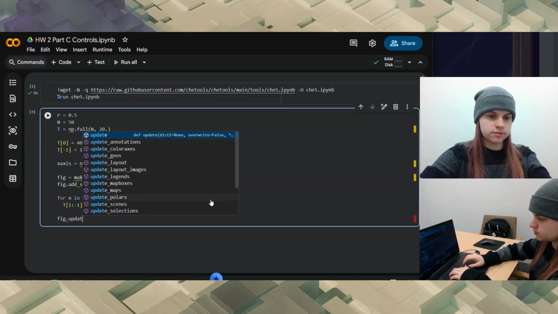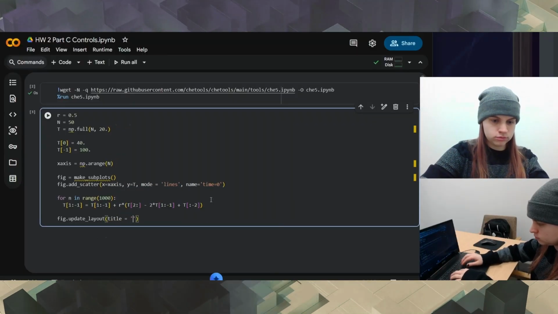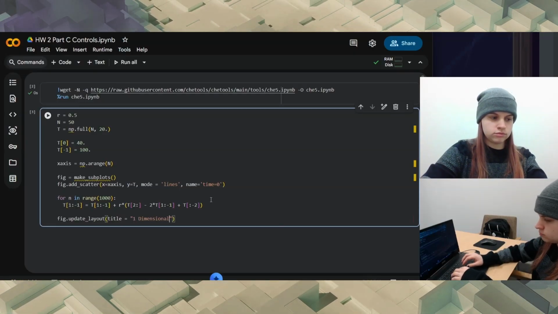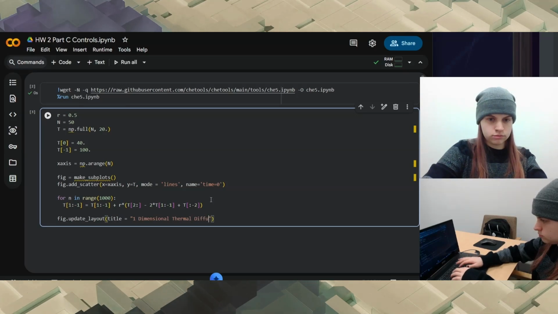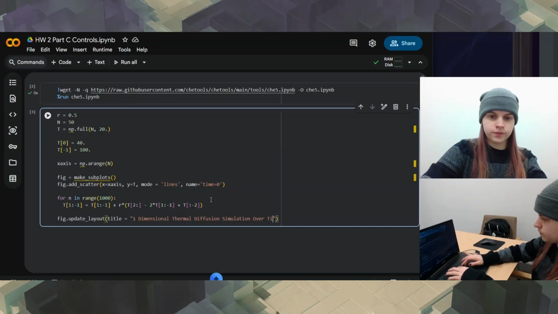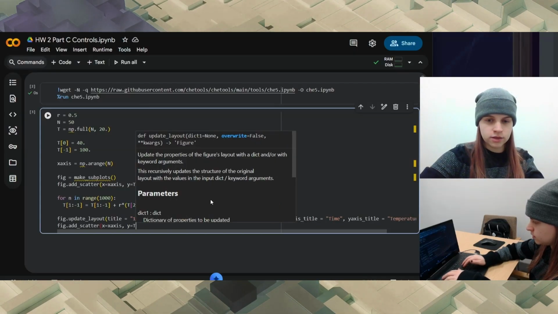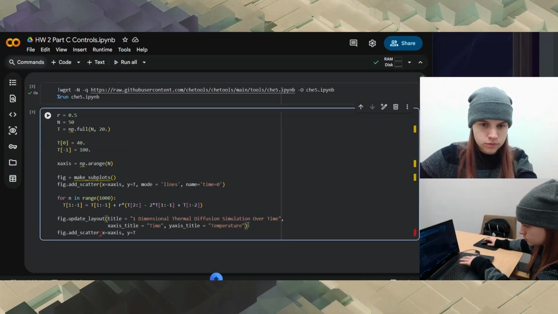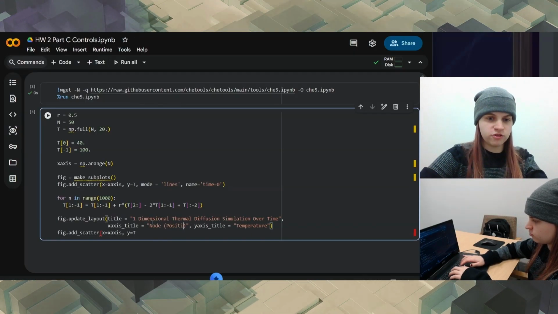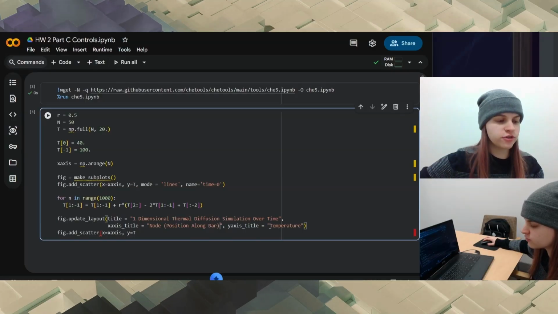I'll update the layout. I think that title might be too long, but we'll see what happens. Let's see what it gives me here. So the x-axis is the node, or the position along bar. The y-axis is the temperature, so that is correct.